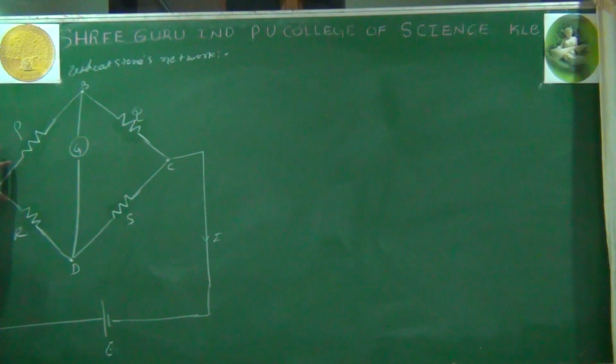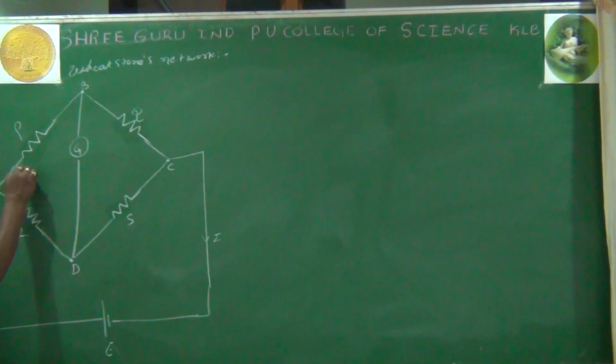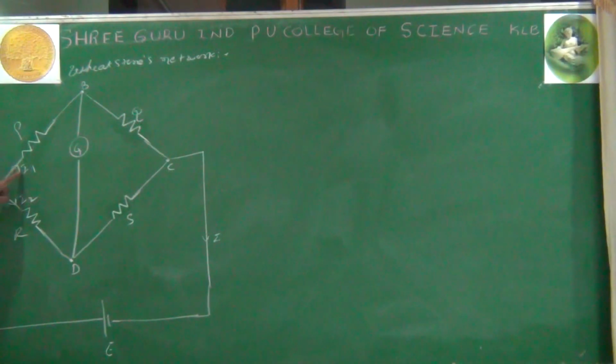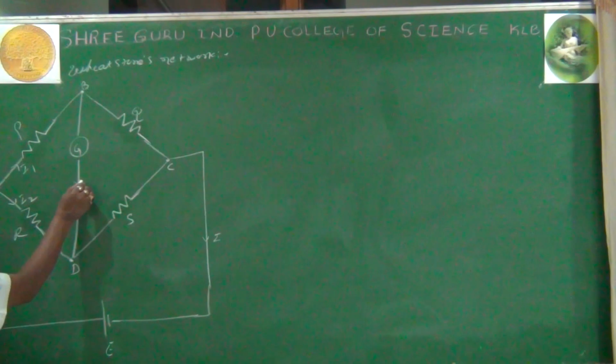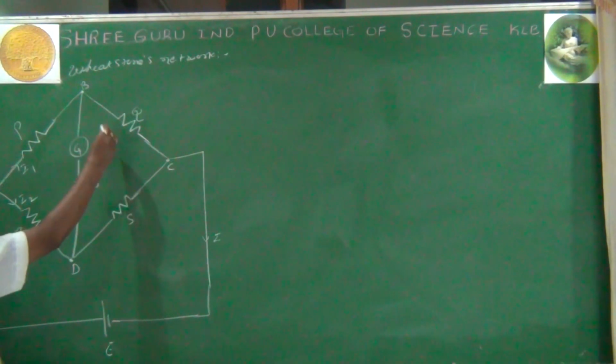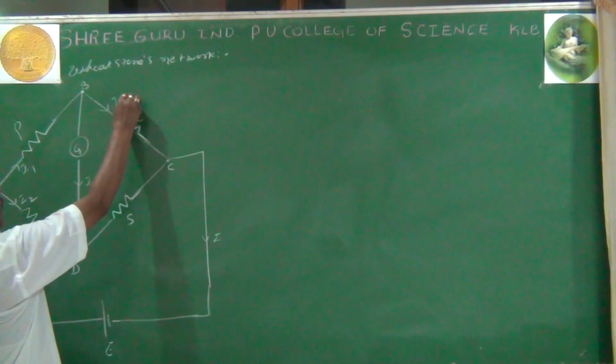When the current enters into the network, it has got more than one path, hence it divides. I1 through P, I2 through R. I1 and I2 are the currents divided when they enter at point A. And the current through the galvanometer is Ig. Then I call the current through Q and S, I3 and I4.